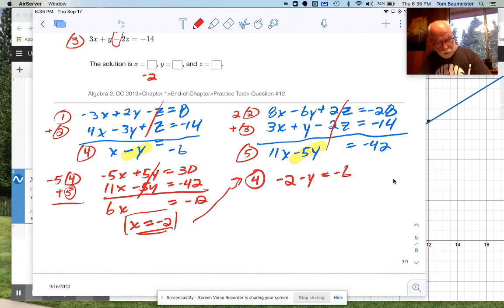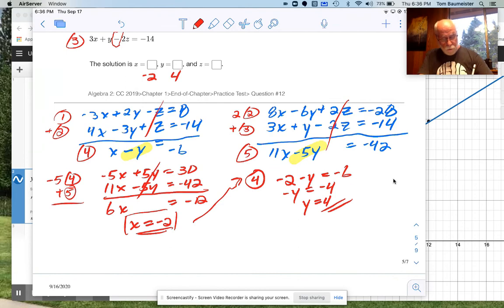I'll add 2 to both sides. I'll get negative y is equal to negative 4. Then think about it. I'm kind of dividing by a negative 1. Or if negative y equals negative 4, positive y equals positive 4. You can think of it that way also. And so that gives me 4 there.